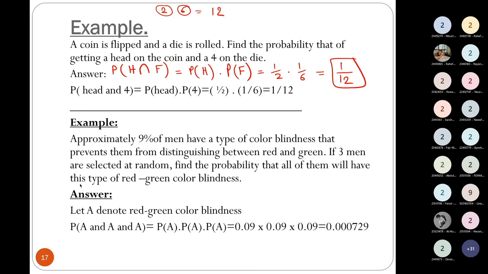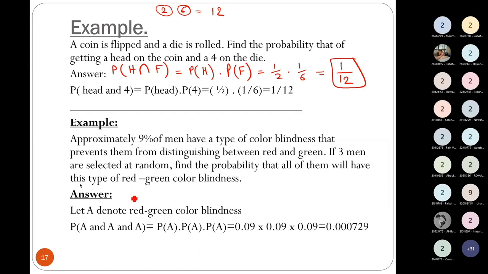Another example. Approximately 9% of men have a type of color blindness that prevents them from distinguishing between red and green. If 3 men are selected randomly, find the probability that all of them have this type of color blindness.